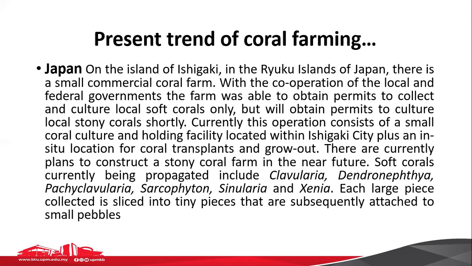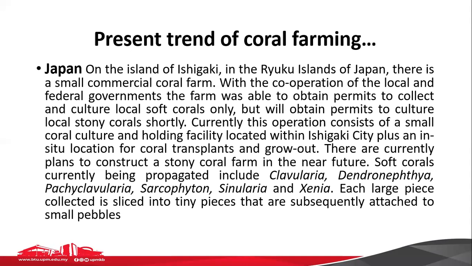Next, there is research that has been made about the presence of coral farming. In Japan, on the island of Ishigaki, in the Ryukyu Islands of Japan, there is a small commercial coral farm run with the cooperation of the local and federal government. The farm was able to obtain a permit to collect and culture local soft coral, and will obtain a permit to culture local stony coral shortly.